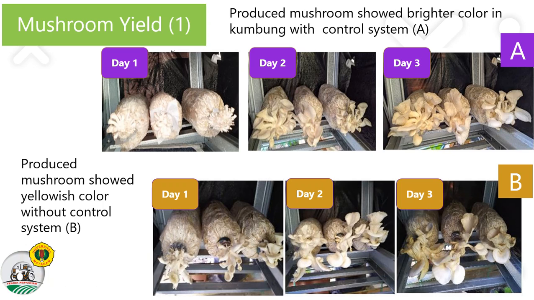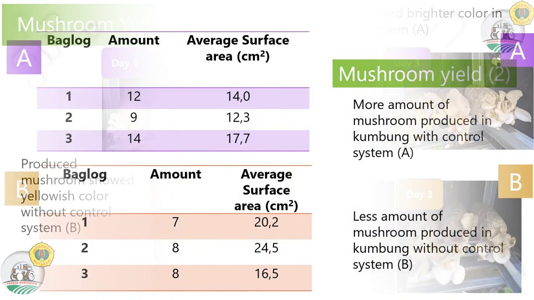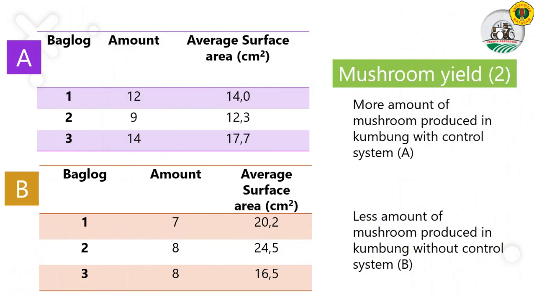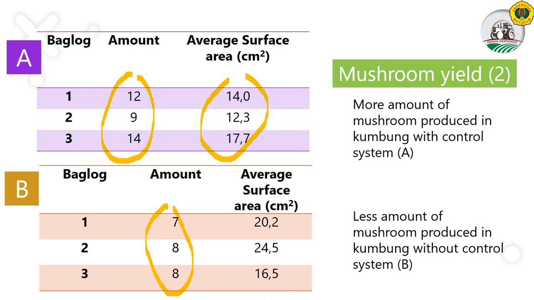However, as we can see in this slide, the mushroom yields for the control systems show that the amount of mushrooms is higher than the amount without the control systems, but the average surface area is less than without the control systems.